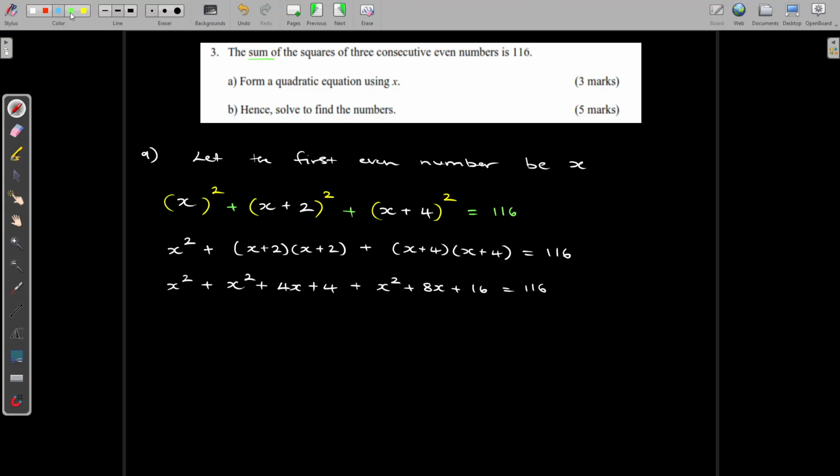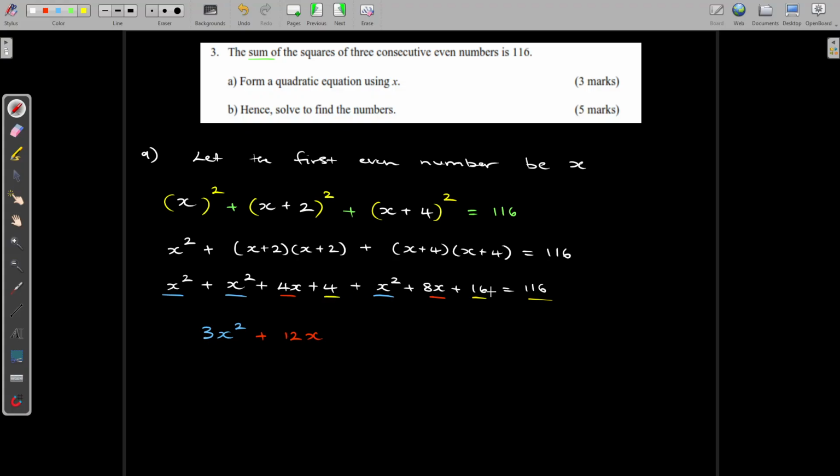At this point we need to group our like terms and simplify. So we have an x squared here, an x squared here, and an x squared here. So that's 3x squared. We have an x term here, and an x term here, so that's 12x. And then we group the constants. We have 4 here, 16 here, and 116.